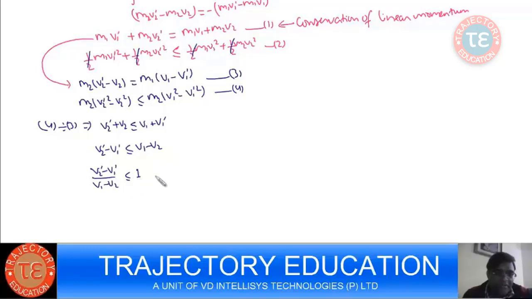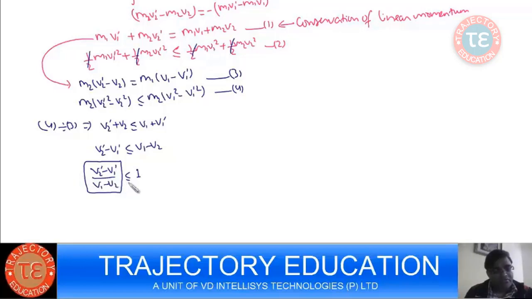If it is 0.95, we can have an idea that only a small part of K is getting converted into heat. If it is 0.1, I can have an idea that a large part of K is getting converted into heat. It's not like 90%. It's like a large part of K. So this ratio is extremely important because it gives you an idea about the nature of collision.